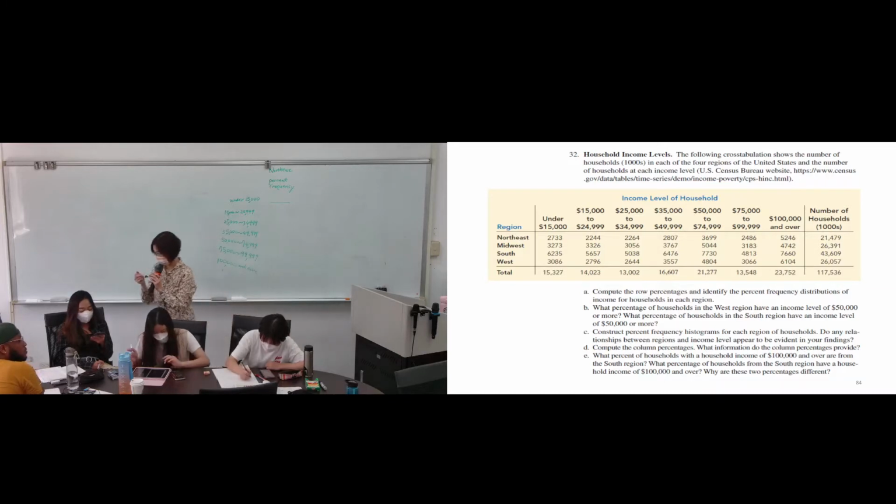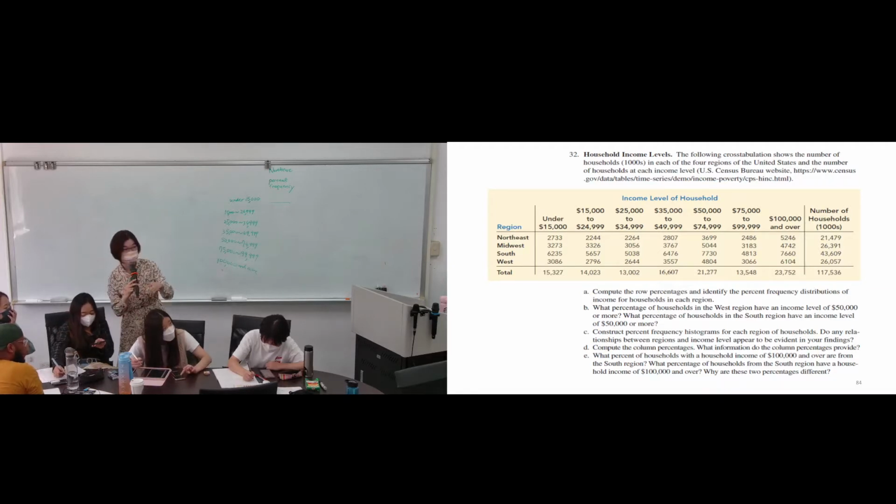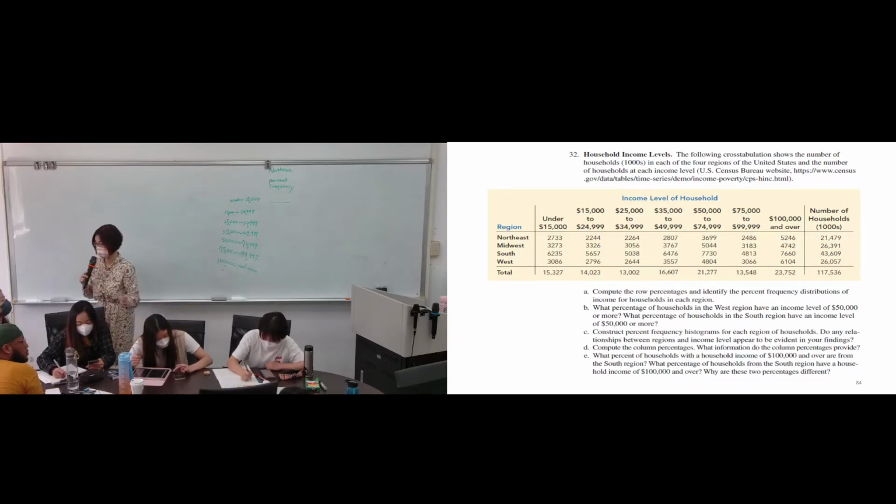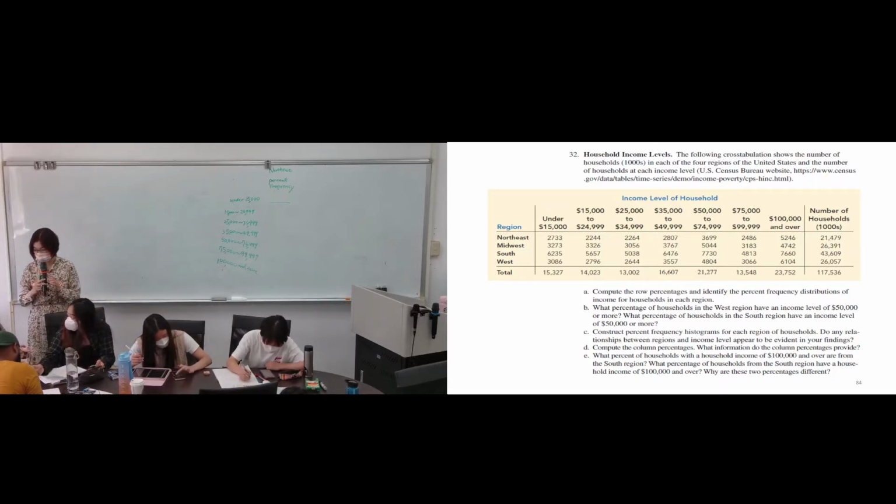Actually you can do that together, because you need to do the conversion based upon the row total, but each of you takes care of a different region. You can help her.